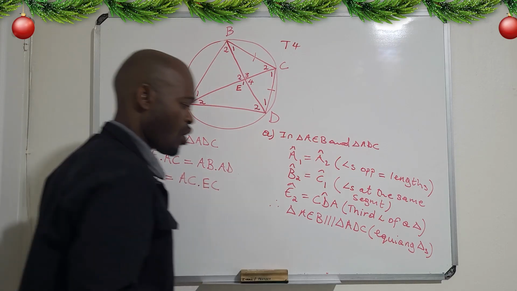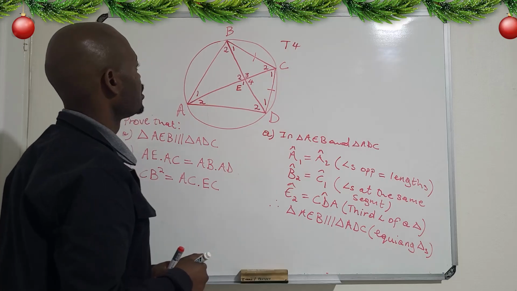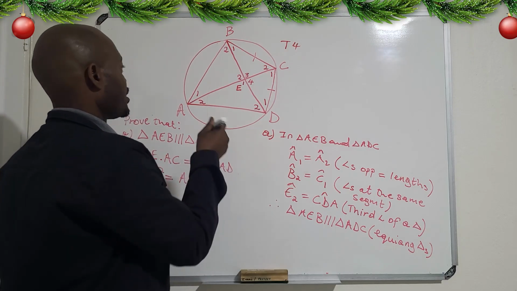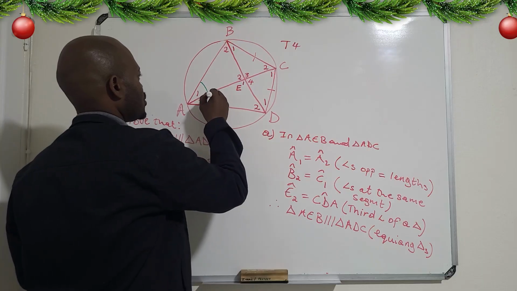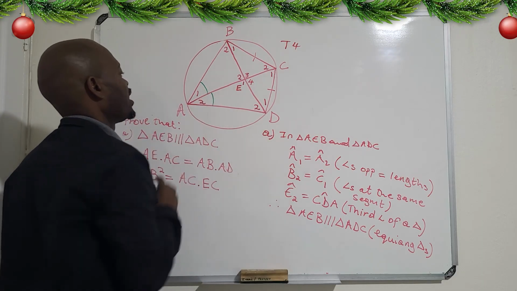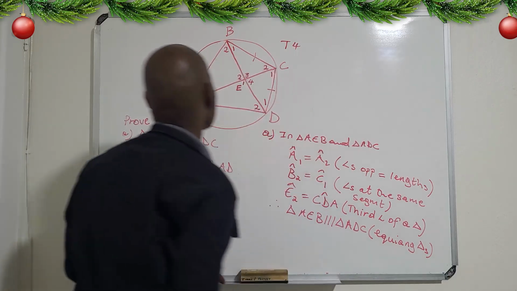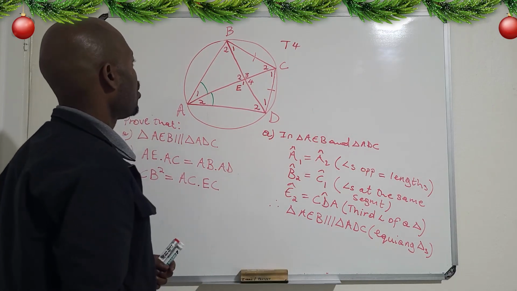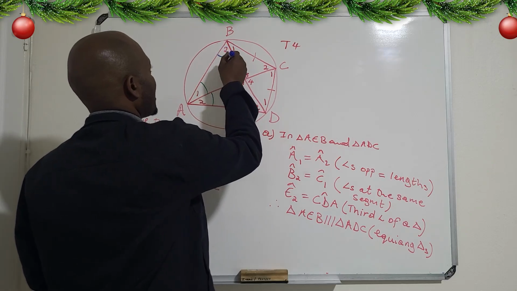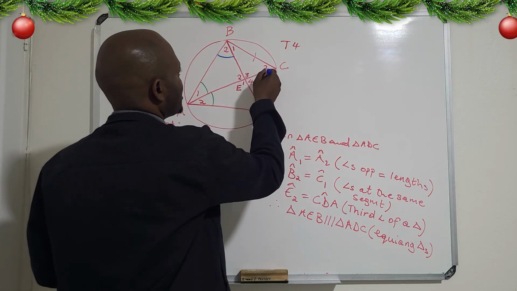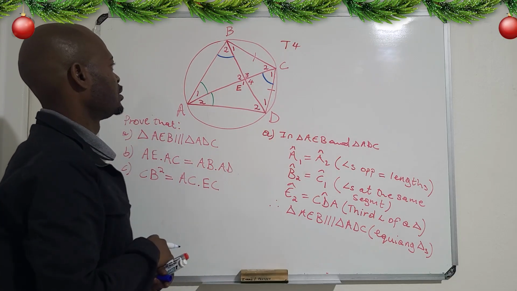We need, obviously, to highlight the angles which are equal. This angle here is equal to this angle there. I'm highlighting using different colors. Also, I can highlight this angle there, which is equal to this angle there in this triangle.